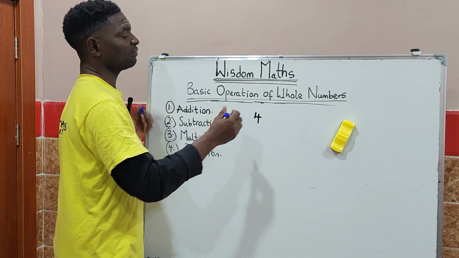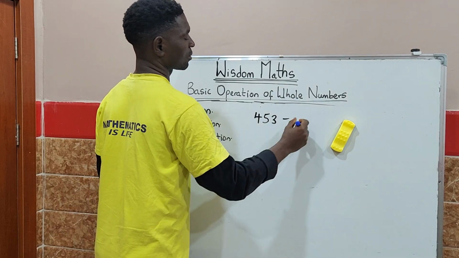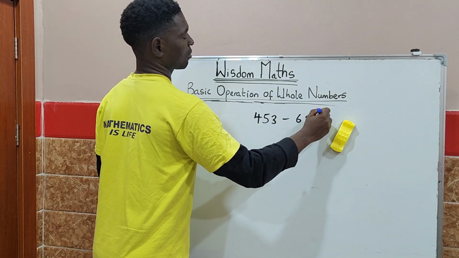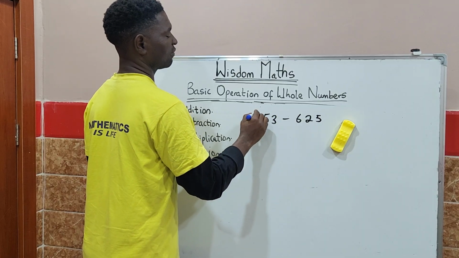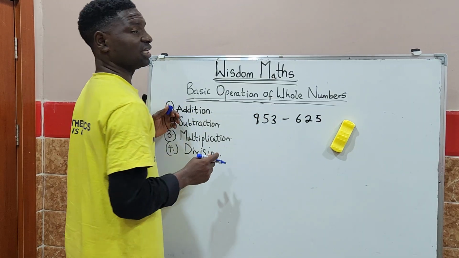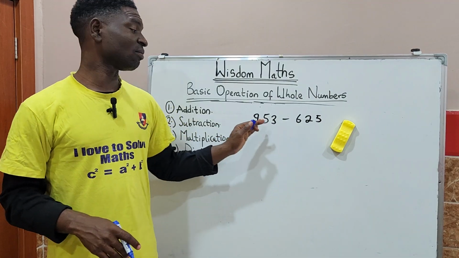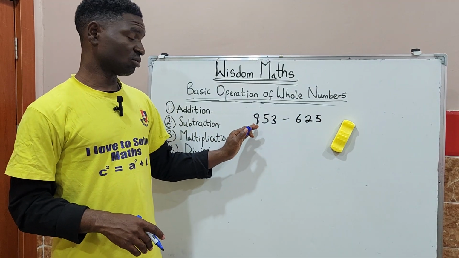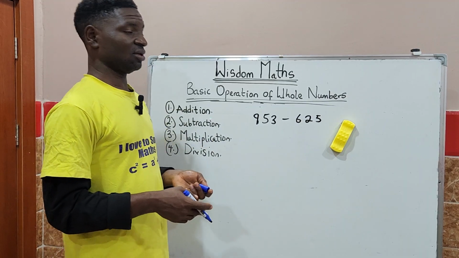So now, if I have this number, let's say I have 9 here, obviously the number here is supposed to be bigger than this one. If not, the subtraction will have a negative sign.